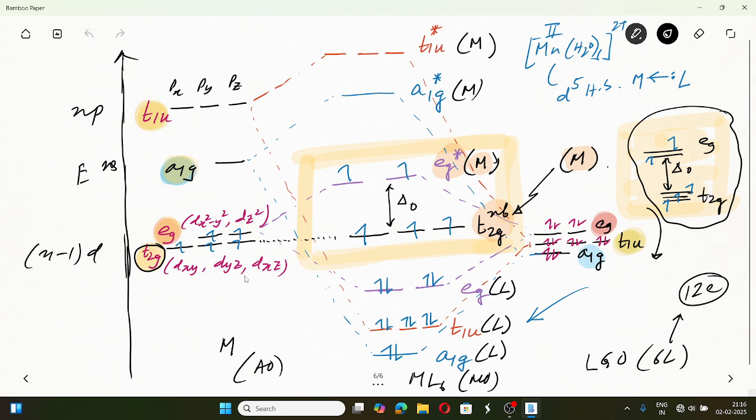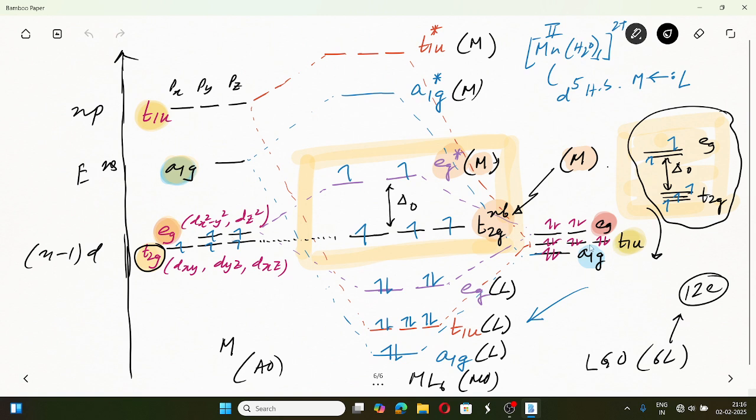Pi bonding. So here we have constructed the ligand group orbital having matching symmetry with A1g. The A1g orbitals have been linearly combined to form two molecular orbitals, A1g and A1g star.